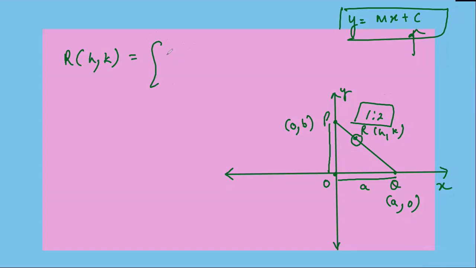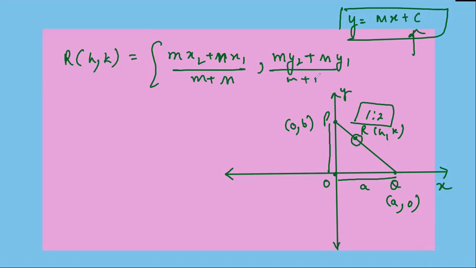The general formula for any point on the line segment is m x2 plus n x1 over m plus n, comma m y2 plus n y1 over m plus n. Now the ratio m to n is 1:2, so m is 1 and n is 2. x1, x2, y1, y2 we already have in the form of a and b.